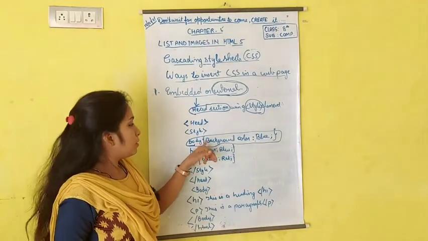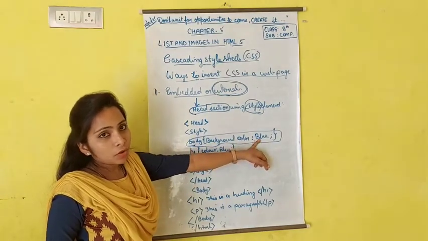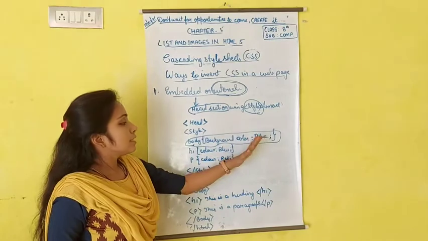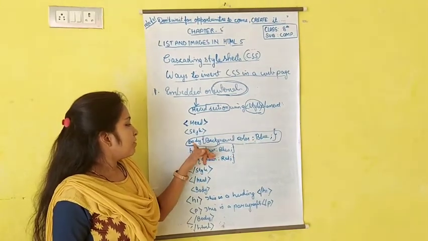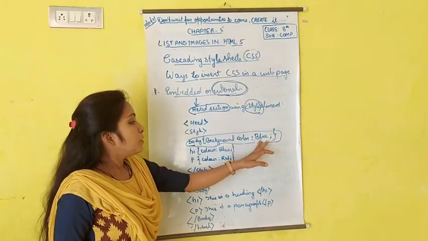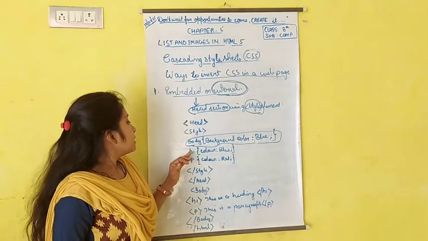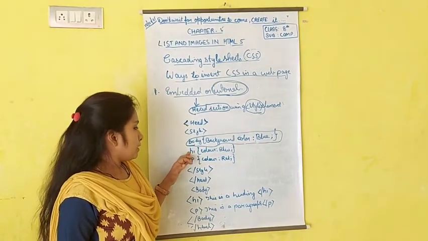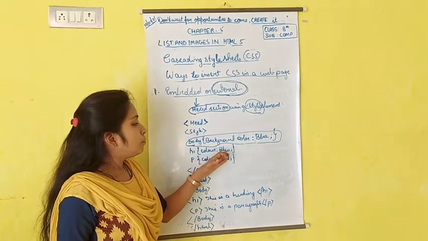This format you remember? Selector, property and value. We have studied it now. So this is the format of the syntax. In the selector we have written body. Then for the property, background color, and for value, blue. We want the background color to be blue. Then H1, color blue.